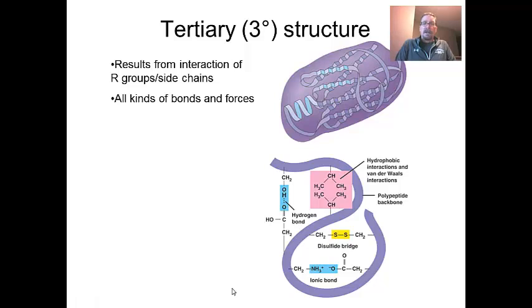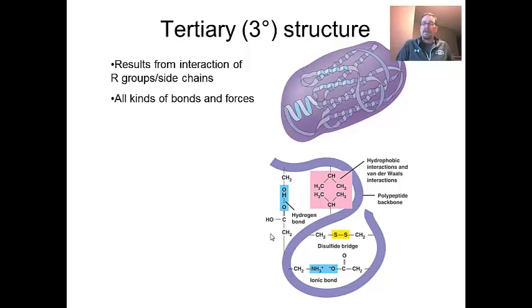And then you get to the tertiary structure, and that results from interactions of the side chain of the amino acid, that R group. Whether it's covalent bonding, ionic bonding, van der Waals, or hydrogen bonding, or any of the interactions that we have talked about.